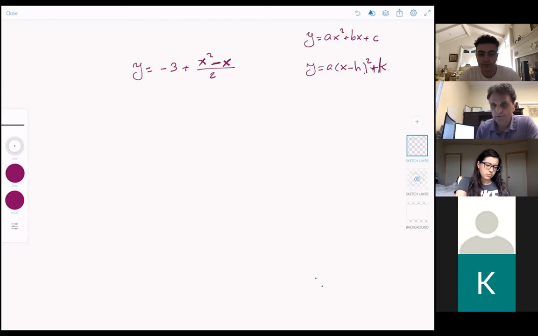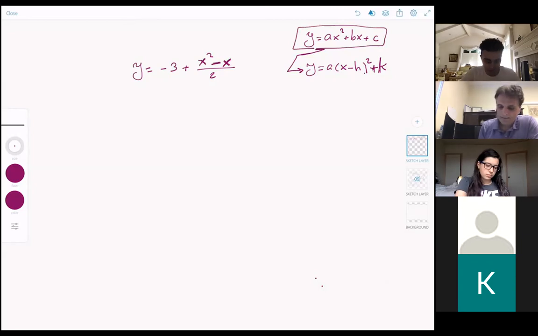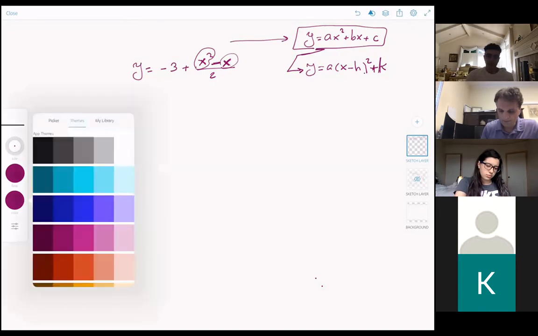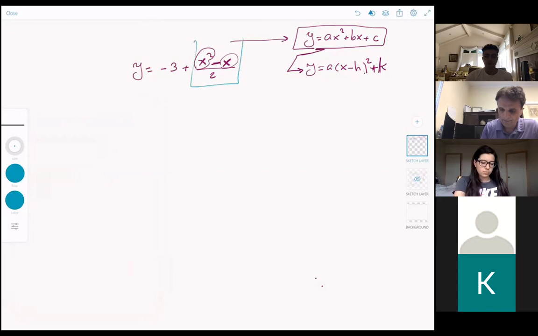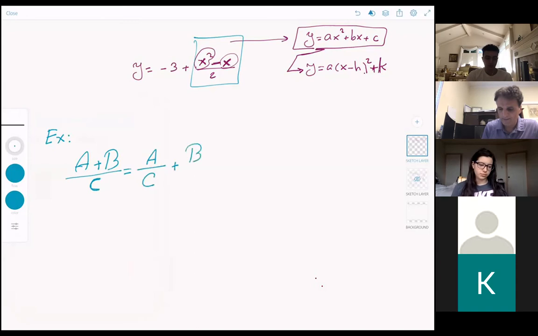In order to get to vertex form, we need to have the standard form done. So we have x squared, we have x, but it's not in this form. So we rearrange them. If we have (a plus b) over c, this is exactly the same as a over c plus b over c.